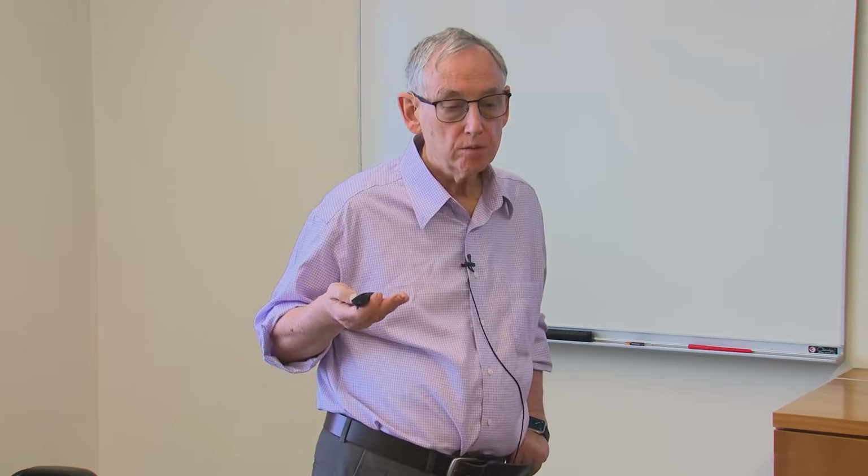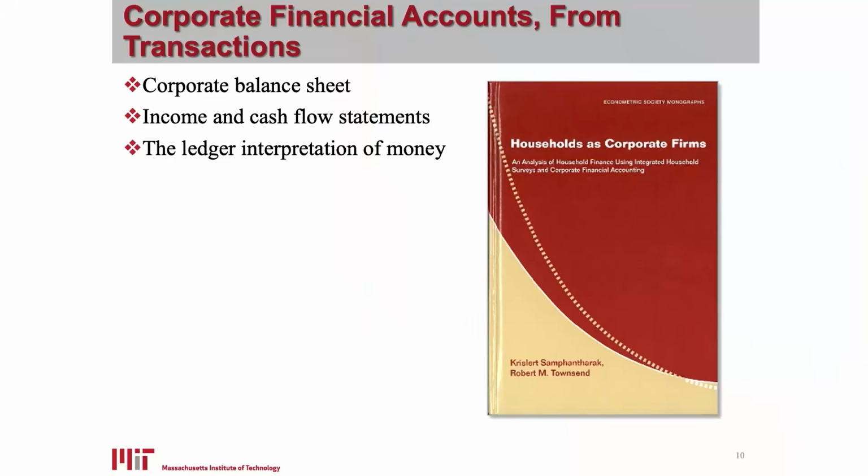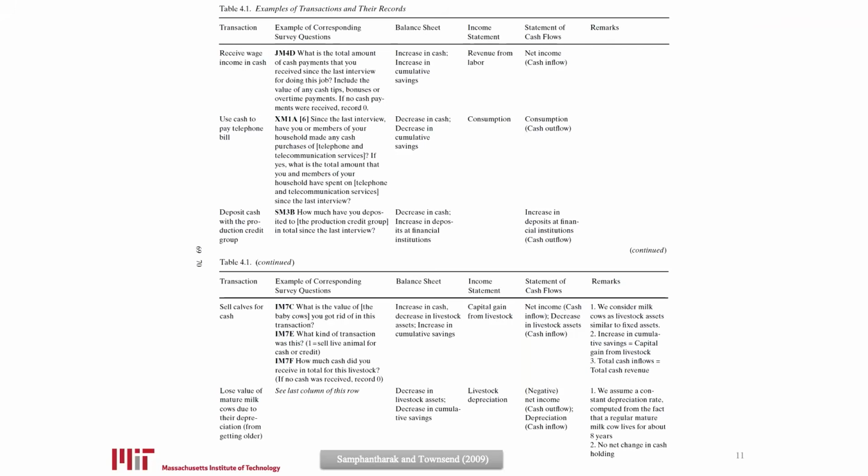So they come in triples, basically. You've got a cash flow, income statement, and a balance sheet. Those are the standard financial accounts. And then you get the ledger interpretation of money, which is as a liability of the central bank.